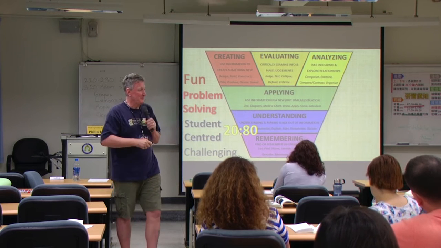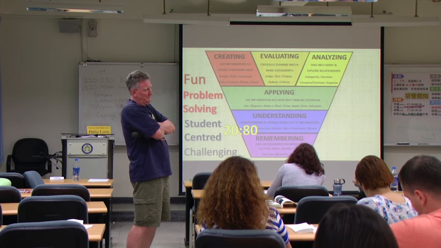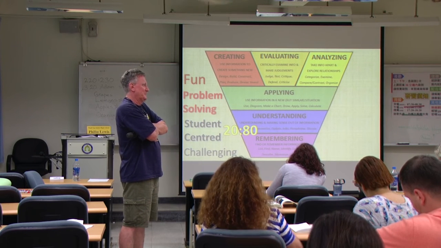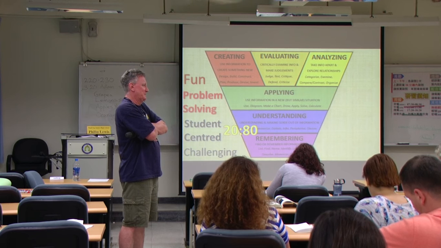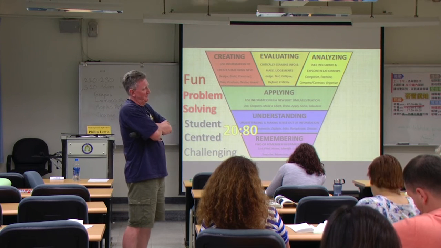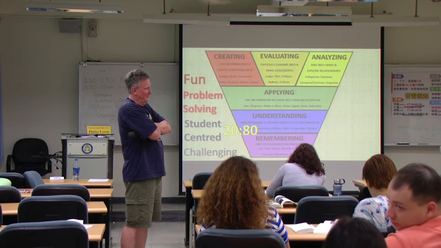I agree with everything that she just said, which is one of my challenges personally. But I also think that the 80% is something that's worth being aware of, and I haven't really seen it addressed too much.